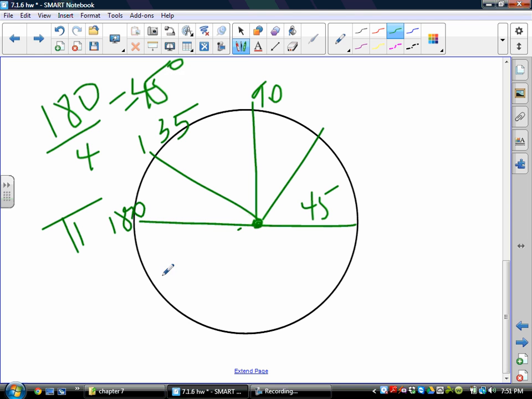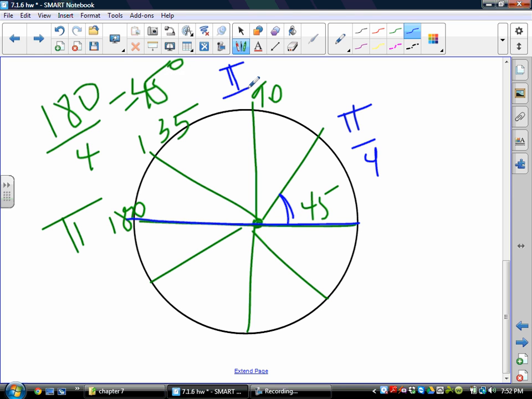Now I'm going to do the same thing on the bottom. Cut it into 4 equal pieces. Each of those are worth 45. So I cut my half of my circle into 4 pieces. So pi over 4 is going to be 45 degrees.